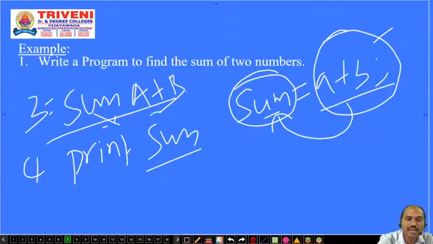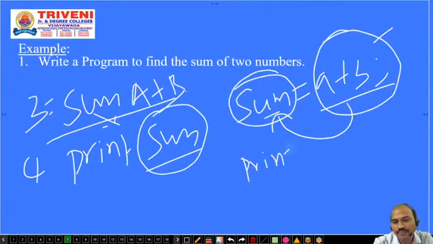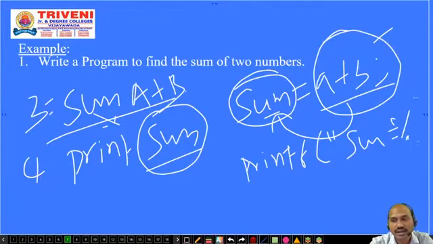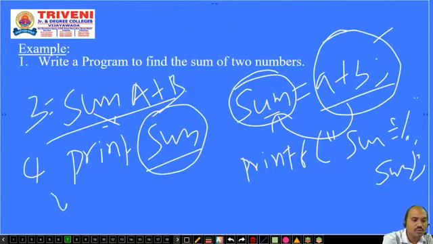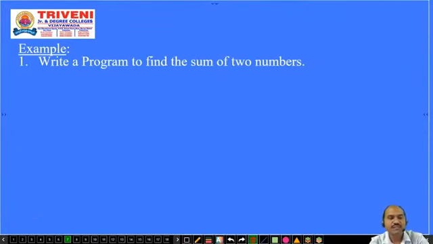So we print the sum value using printf, sum equals %d, comma, sum, and then close it. Finally, the ending of the statement is the fifth statement. So this is the program for the sum of two numbers.